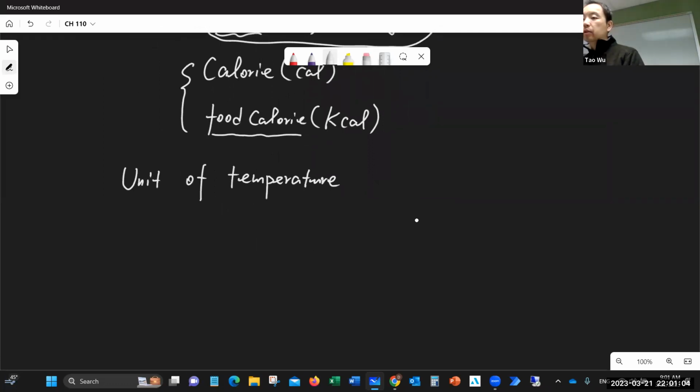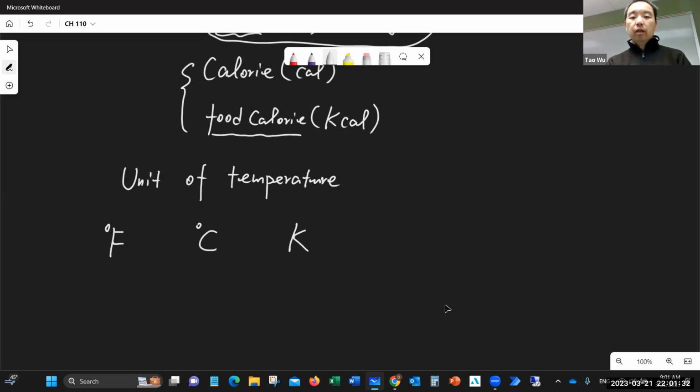We're not talking about Fahrenheit, because this one is only used in the US. We're using Celsius and Kelvin. Celsius is commonly used, but in every case we're going to use Kelvin instead of Celsius.